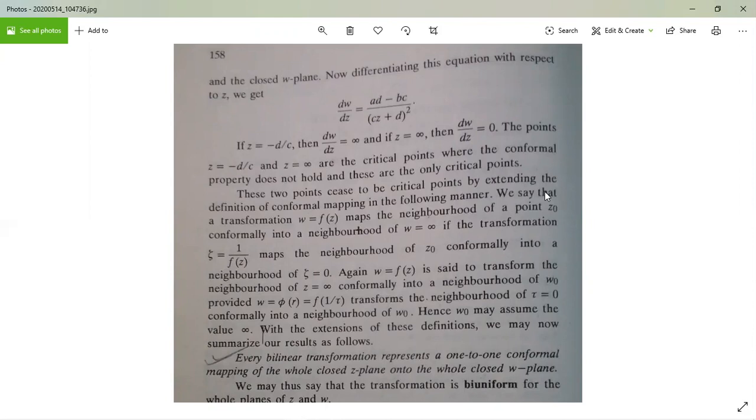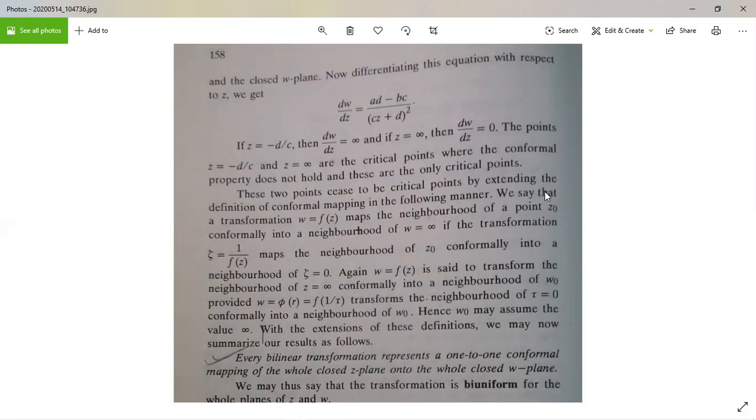We say that the transform w equals f of z maps the neighborhood of a point z naught conformally into a neighborhood of omega equals infinity if the transformation zeta equals 1 by f of z maps the neighborhood of z naught conformally into a neighborhood of zeta equals 0.